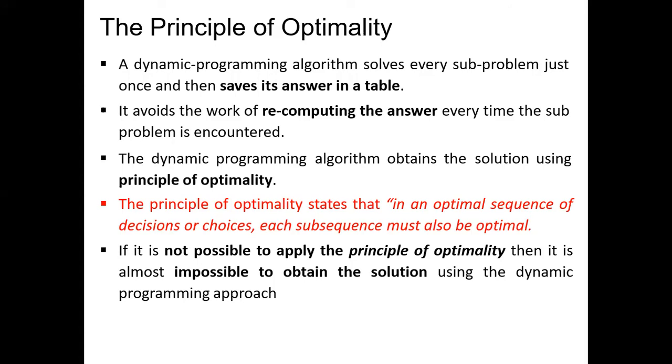If we say the final solution is optimal, then the solutions of the subproblems should also be optimal. If we are not able to apply the optimal solution to the subproblems, then we cannot get the optimal solution of the final problem using the dynamic programming approach. So this is all about the principle of optimality.